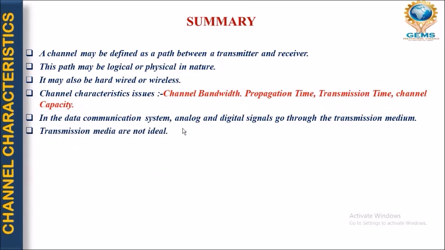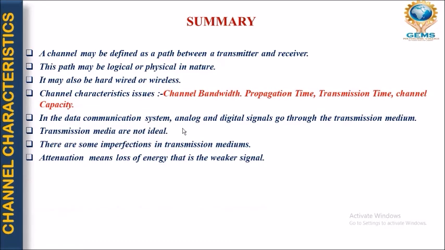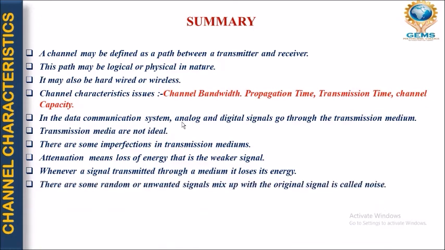Transmission media is not at all ideal. Very important. There may be so many imperfections in the transmission medium. So, due to the imperfections in the transmission medium, the signal gets imperfect, which causes impairment. The first impairment is your attenuation, which loses its signal, and the signal that is lost is due to the loss of energy, right?